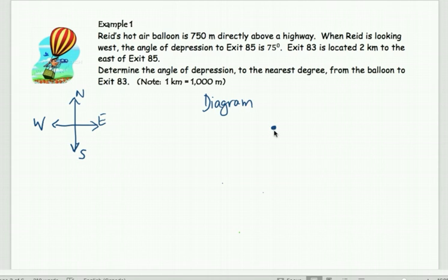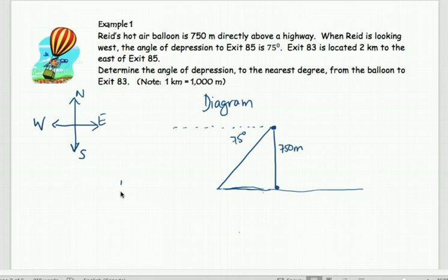There's a hot air balloon 750 meters above the highway. You're up in this balloon, looking west, which is this way. So you're looking straight ahead west, and then you look down at an angle of depression of 75 degrees. This diagram is not going to be to scale. So 75 degrees here, and you are 750 meters above the highway.